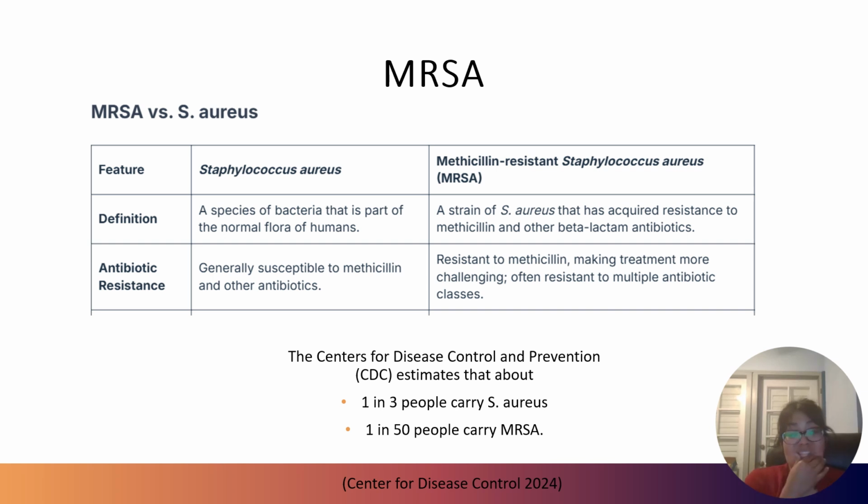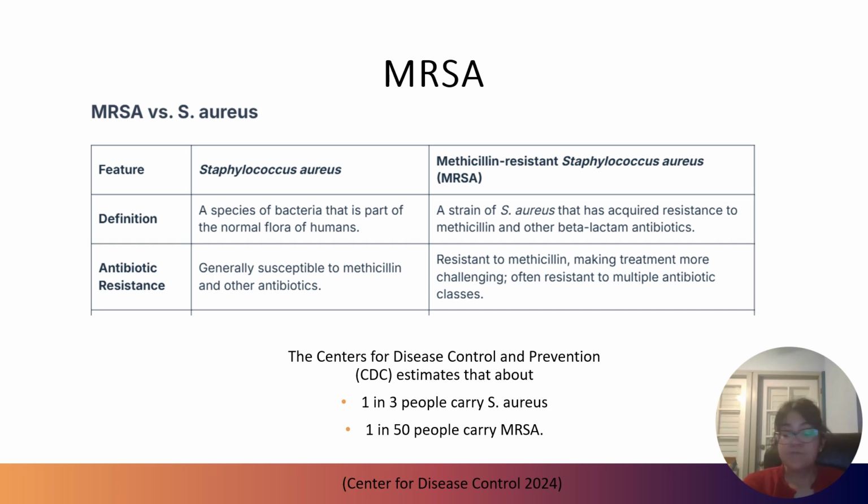Now, this can cause a lot of havoc, especially in hospitals, because usually when you come into the hospital, they like to treat you with general antibiotics, so things like penicillin. And most of the time, penicillin will work, or methicillin will work as well. But in this case, MRSA is not susceptible to the antibiotics. It's actually resistant to those antibiotics.